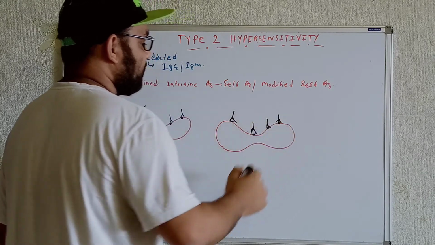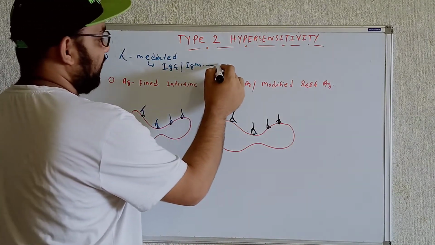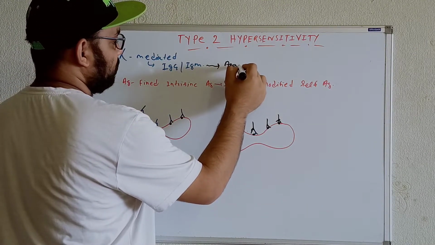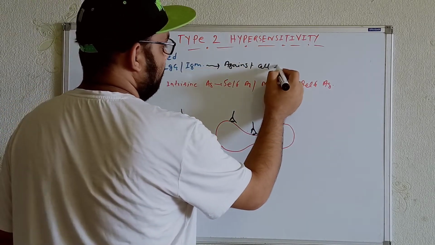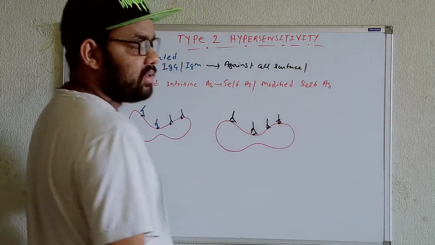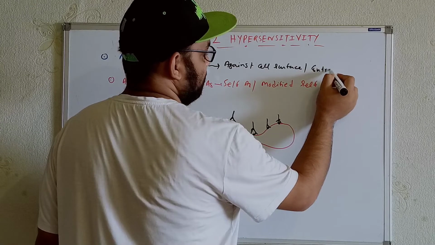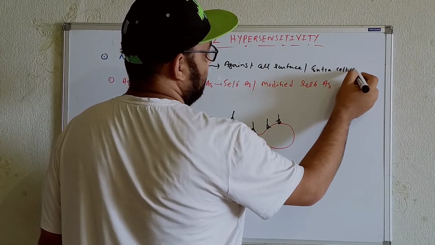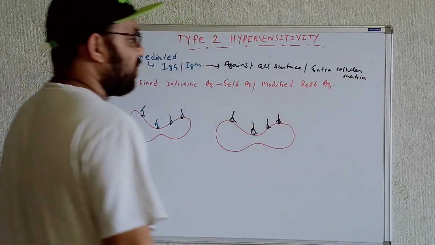So in these cases we will get antibodies against the cell surface, or against the extracellular matrix. This is the normal thing.